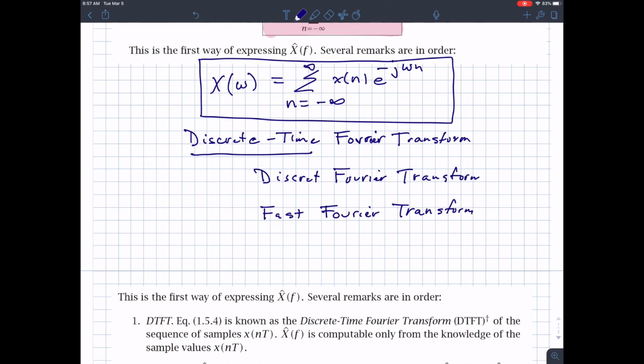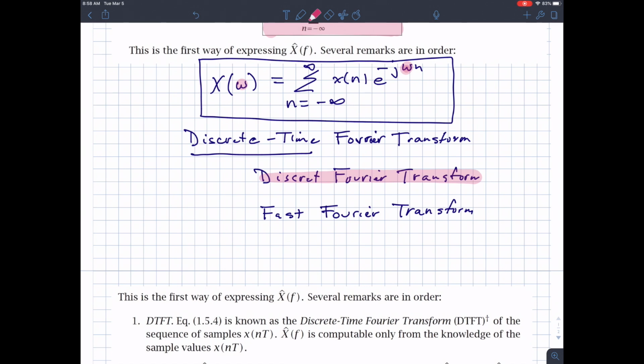The discrete time Fourier transform is defined over all omega. You notice there's this continuous variable omega showing up. Later we're going to learn that the discrete Fourier transform is different, in that you actually sample the discrete time Fourier transform in frequency, which gives you something slightly different. So put that in a box for now. We'll open that up a little bit later.